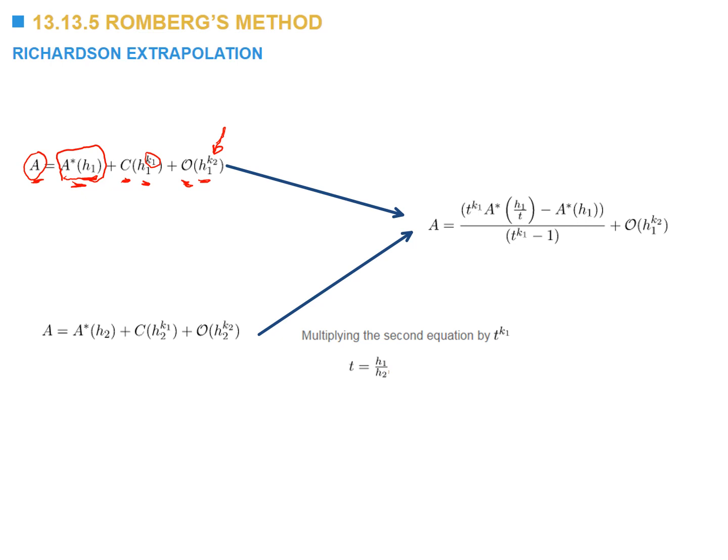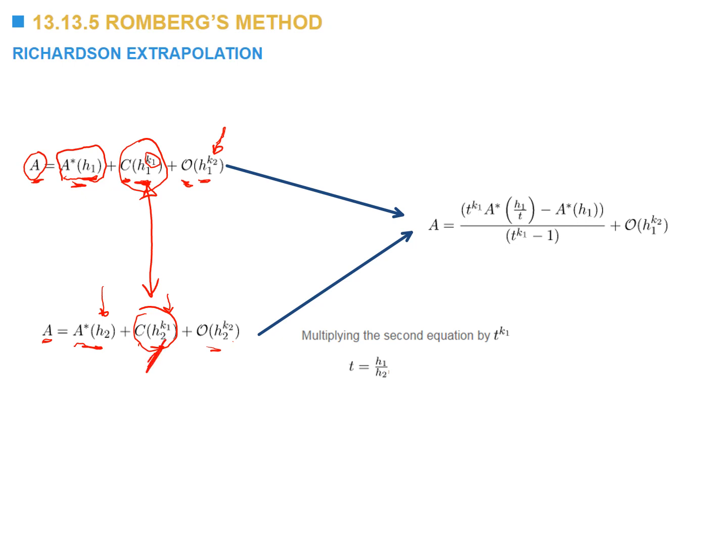Now, if we repeat using a different step size, let's say h2, then A, which is the true value, is equal to the approximate value, which is a function of h2, plus a constant multiplied by h2 to the power of k1. You can see this term is exactly this term, but with a different h, plus an error term directly proportional to h2 to the power of k2.